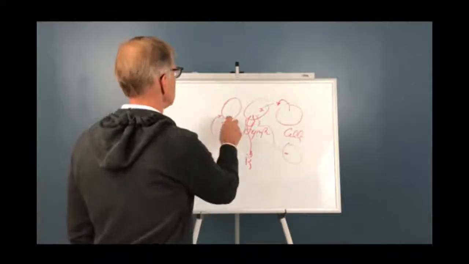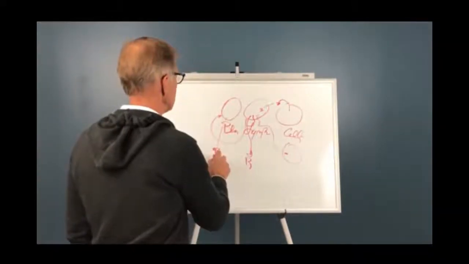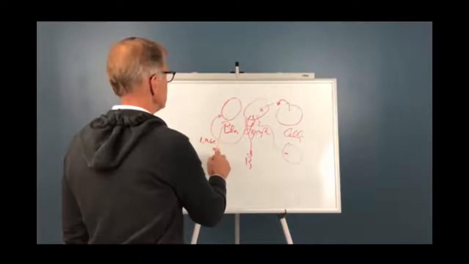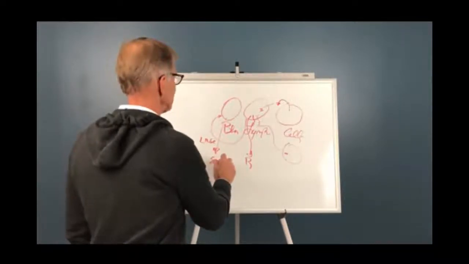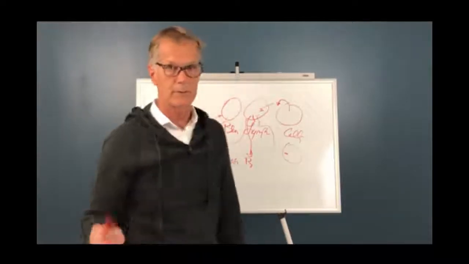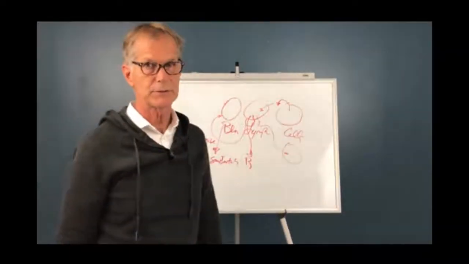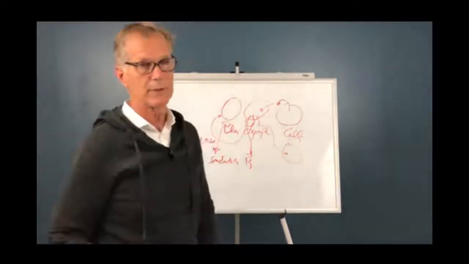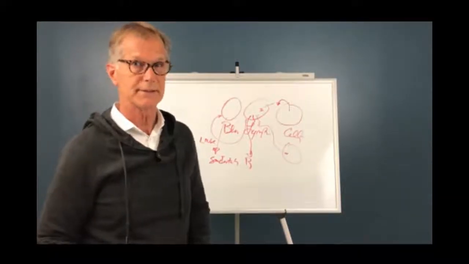So now we have the blood and residues from the liver going into the small intestine to start with, and then it must travel all the way through the large intestine and finally be evacuated with the stool. And also the other pathway of detoxification from the blood is the kidneys.